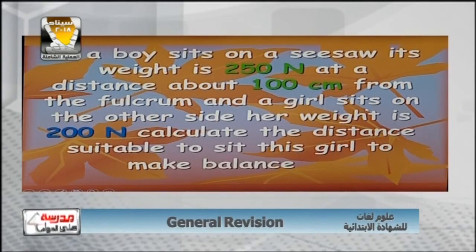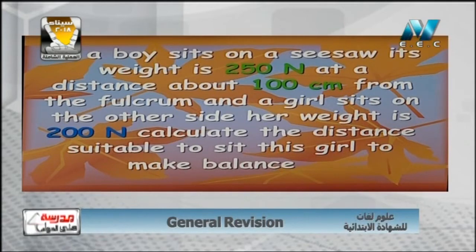Here we have a problem. If a boy sits on a seesaw, طبعا seesaw اللي هي زي المرجحة اللي هي balance, one on the right side and one on the left side. His weight is 250 newtons at a distance of 100 centimeters from the fulcrum. طبعا احنا عارفين the fulcrum is the fixed point here, as in the first class lever, between the resistance and force.